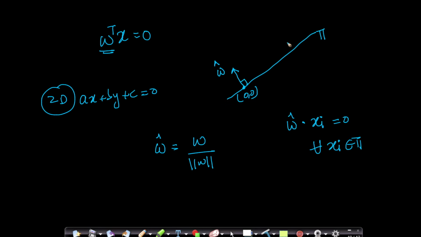Oftentimes, a plane pi is represented with a unit vector W cap, often just written as W, which is perpendicular to the plane. Of course, we're assuming here fundamentally that this plane passes through origin, for simplicity and generality.